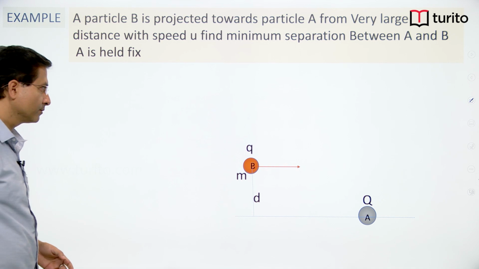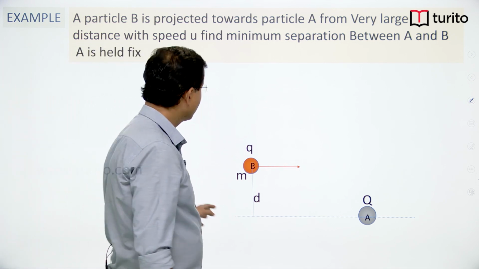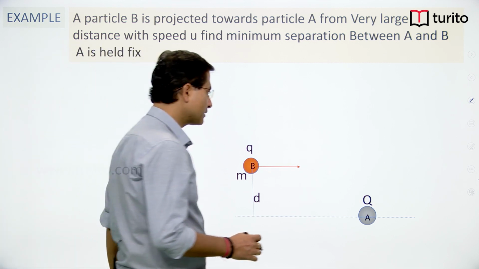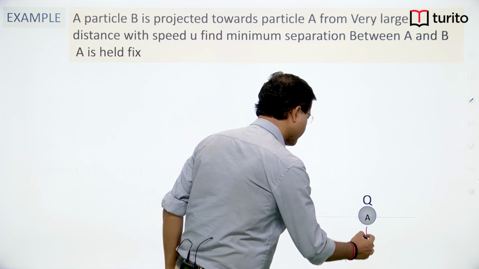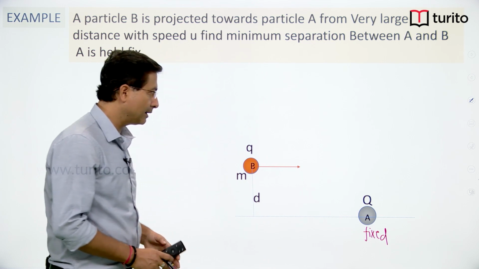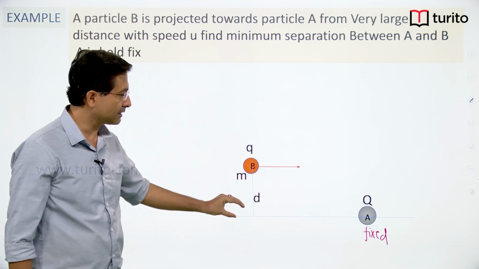Now, see, question says particle B is projected towards particle A from very large distance with the speed u. Find the minimum separation between A and B if A is held fixed. So, this one is fixed and this B is not projected along the line joining.